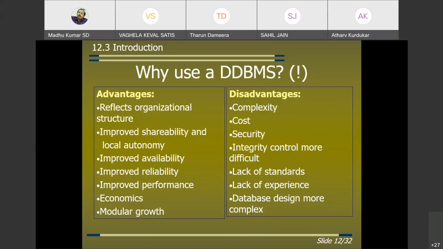You have an NIT at Calicut, at Trichy, at Warangal, and at Surathkal. If you have a DDBMS for NITs alone, maybe the servers are kept at Calicut, Warangal, Surathkal, Trichy, Nagpur, like that. Otherwise, these places are not very important in their states.